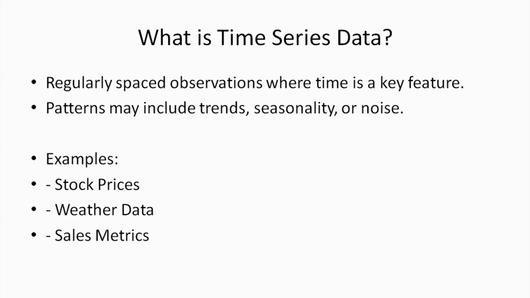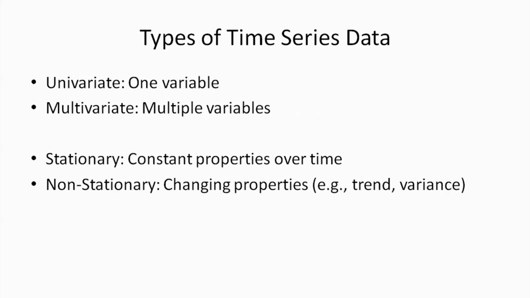Okay. Now, let's discuss the types of time series data. Basically, time series data can be classified in multiple ways. When we observe only one variable, such as temperature, we call it a univariate data set, meaning there is only one variable.